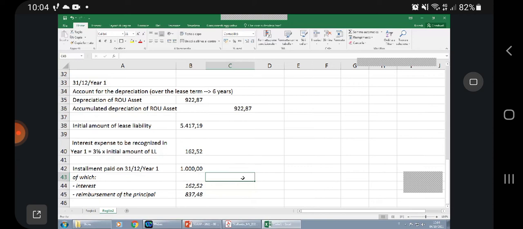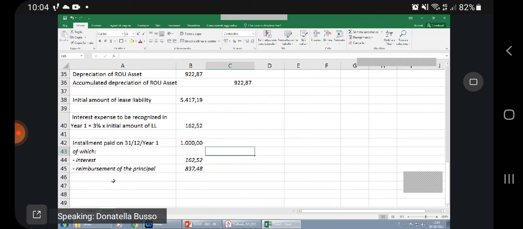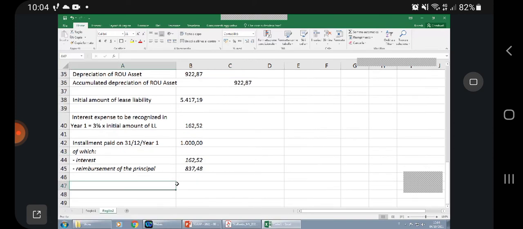So, what about the accounting entry in order to record the payment of 1,000? What is the accounting entry? How much is the outflow of cash?